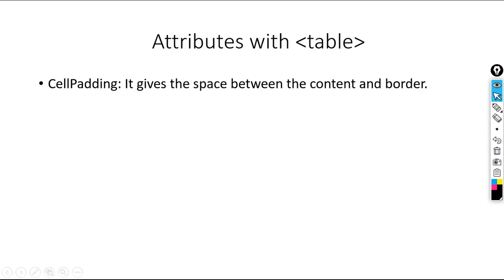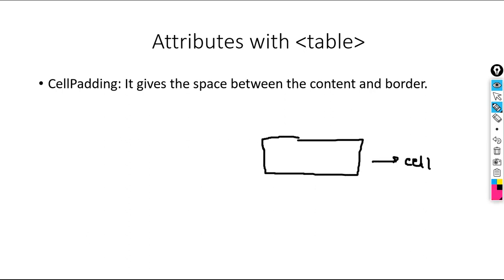Cell padding gives the space between the content and the border. Just now I explained that this particular box in a table is a cell. And what is this? This black line I am representing with a pink border. This is the border for the cell, correct?